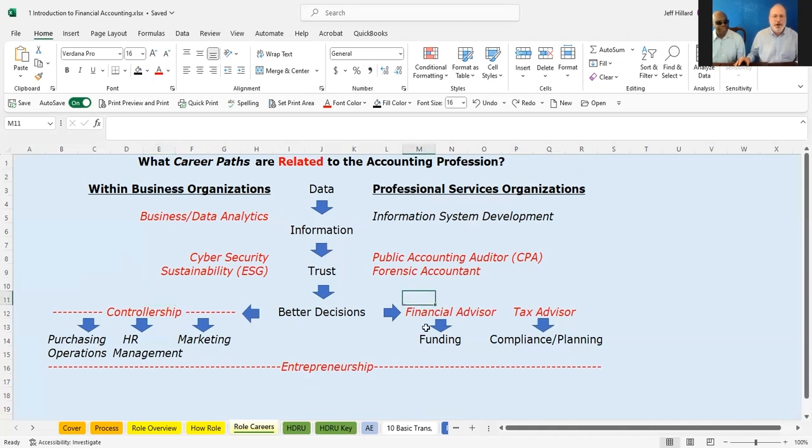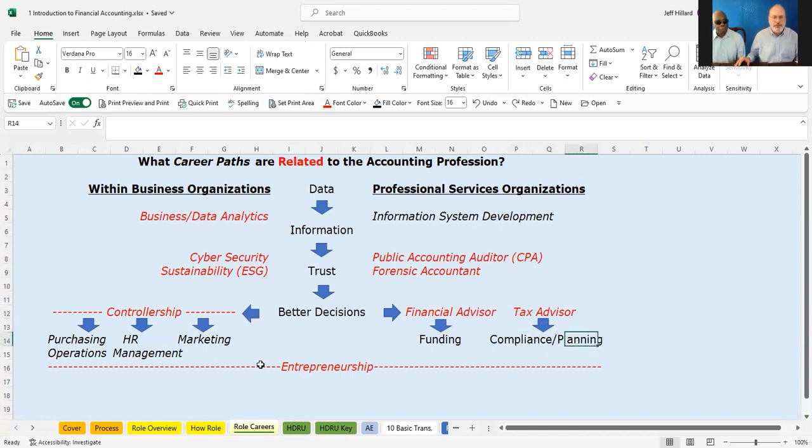Financial advisors are an important function. Certified financial advisors are in between individual investors, for retirement security, evaluating and advising their clients on this. And tax advisors, tax accountants, really not only do compliance, but also planning.